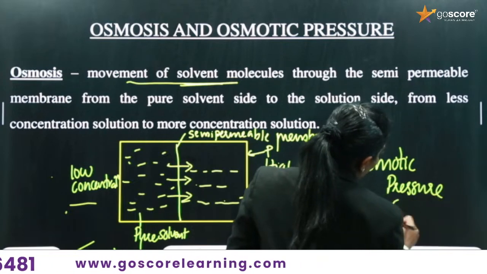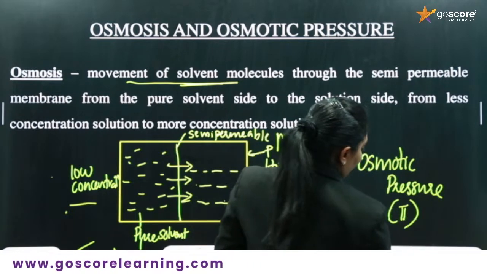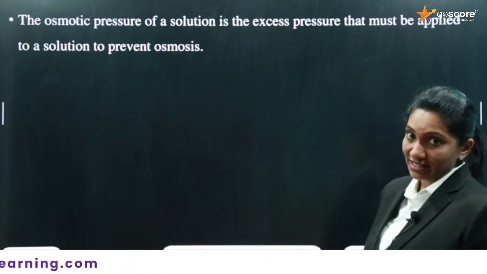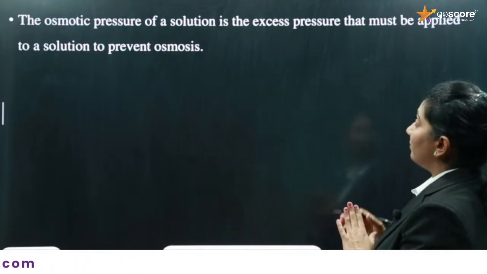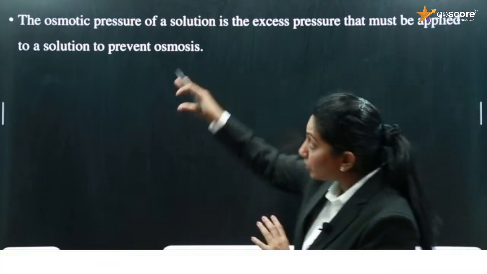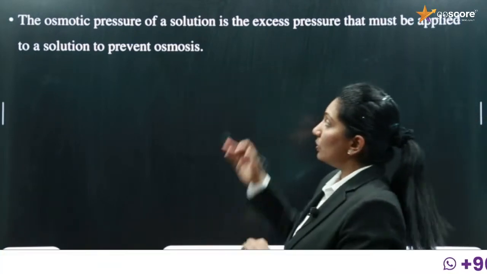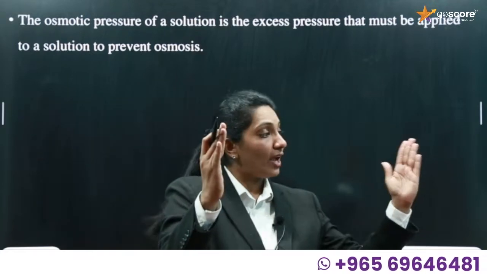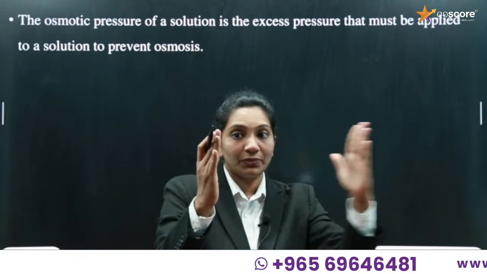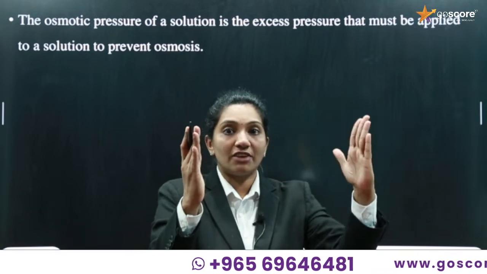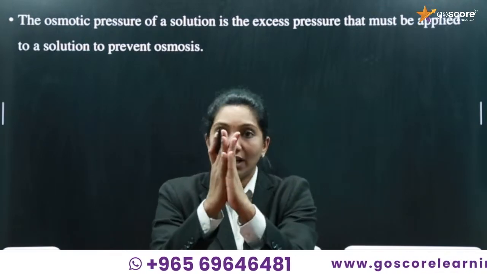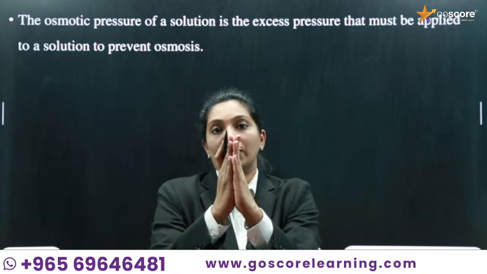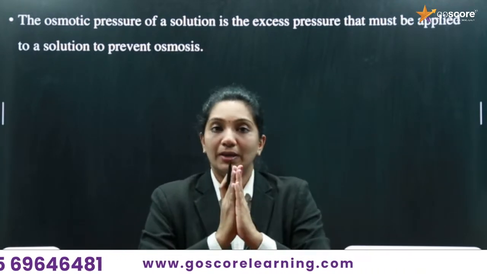Okay, and is represented with symbol pi. The osmotic pressure of a solution is the excess pressure that must be supplied to a solution to prevent osmosis. If the thing is moving like this, if you apply an external pressure sufficient to stop this, it will get stopped, right? That external pressure is what we called osmotic pressure.